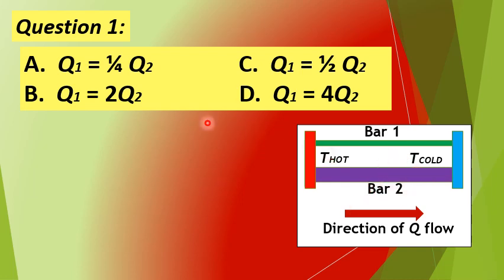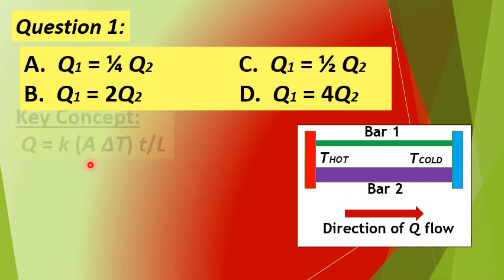And our task is which among these four options correctly describes the amount of thermal energy being conducted from the hot end of the bar to the colder end for the same amount of time.